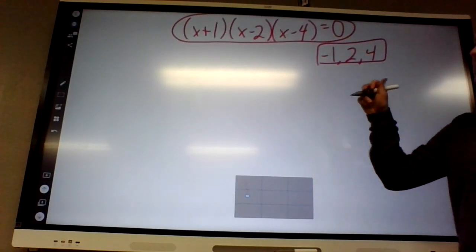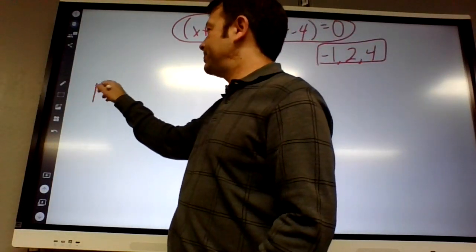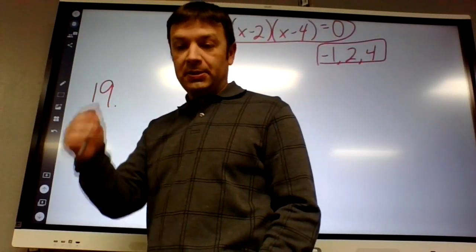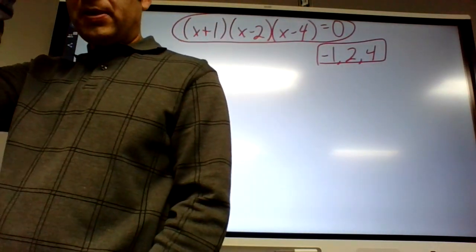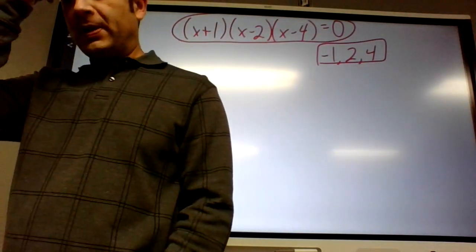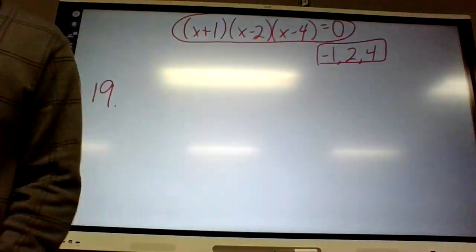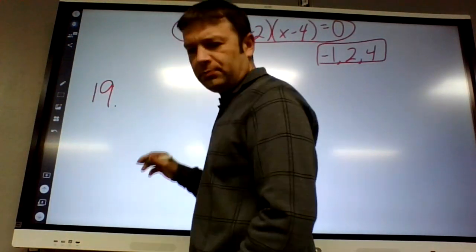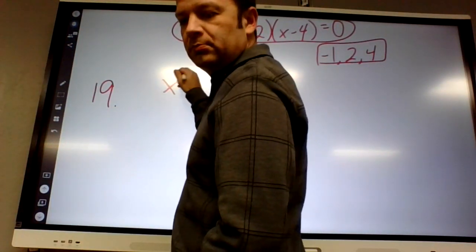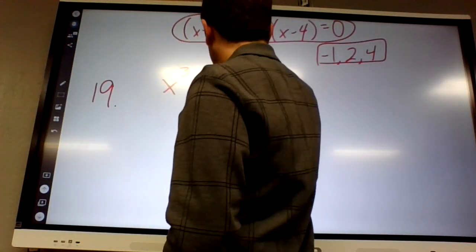Okay, let's try again with 19. We're gonna stop after 19 today. All right. So, what are the possible rational roots on 19? How do we find the possible rational roots on 19? Last coefficient over the first coefficient.